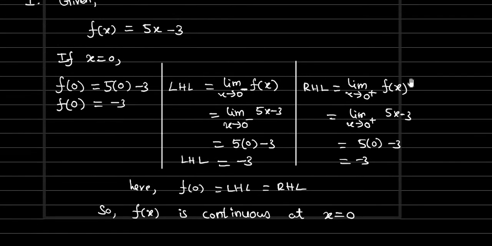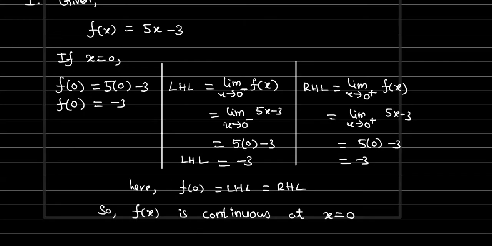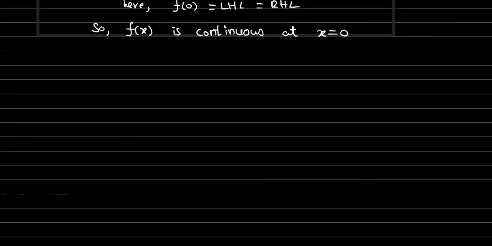Okay, now in the same way we are going to find out whether the function is continuous or not at x equal to minus 3. Same function, right? If x equal to minus 3, so f of minus 3 value. Since it is only one exact value, we directly substitute in the function itself. When we are supposed to check for so many real numbers, then we apply the limit.